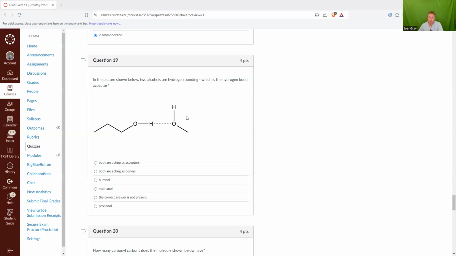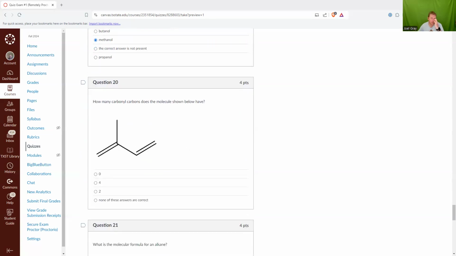Okay, so what we've got here on the right-hand side is a single carbon and then an OH. That's methanol. On the left-hand side, we have 1, 2, 3 carbons and an OH. That's propanol. Okay, so methanol is the molecule that's acting as the acceptor because it does not have that hydrogen. Instead, it's the oxygen that is accepting that hydrogen bond.